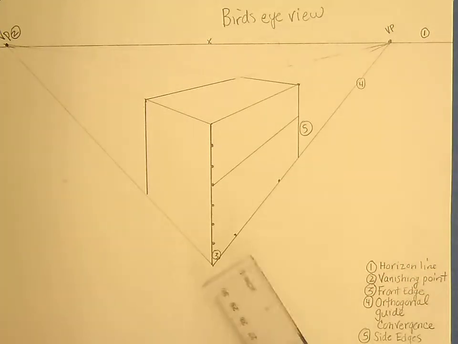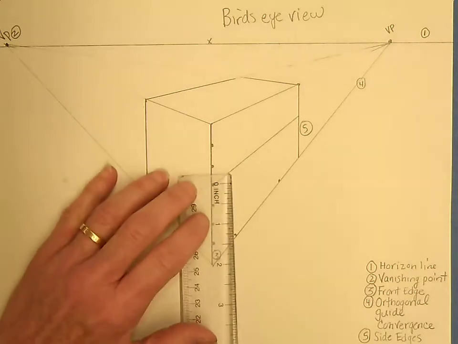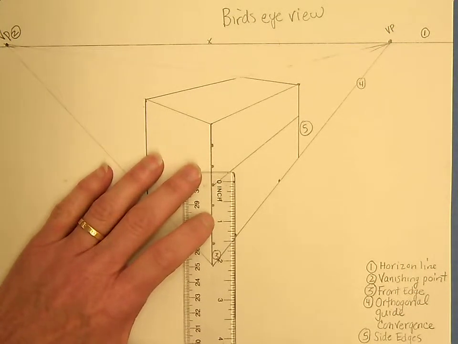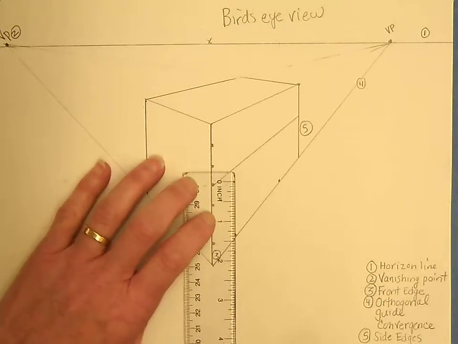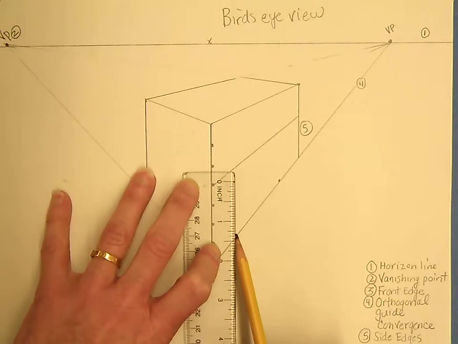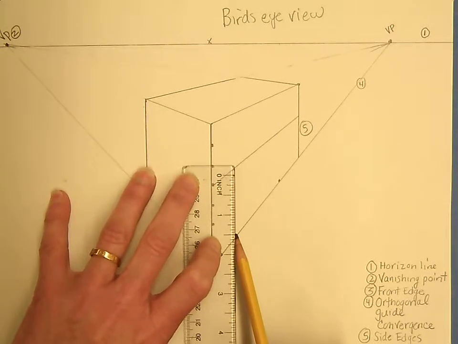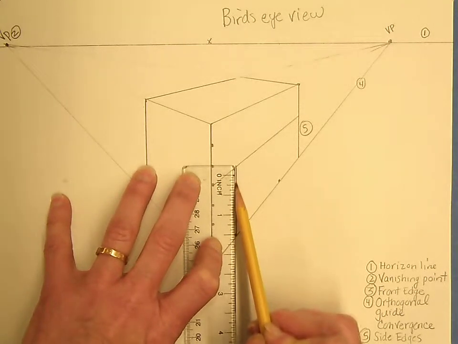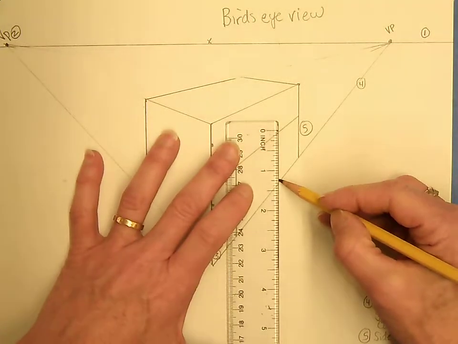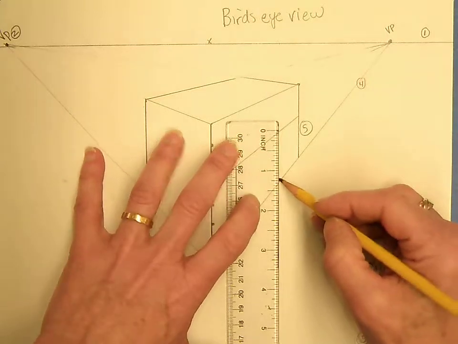Now we have 2 dots on the bottom edge of our paper of our building. We're going to hold our ruler vertically. We're going to make sure it lines up at the bottom. We're going to draw a vertical line to the top of the line we just brought back to the vanishing point. We're going to do the same thing on this side, making sure your ruler is perpendicular to the bottom of the paper.